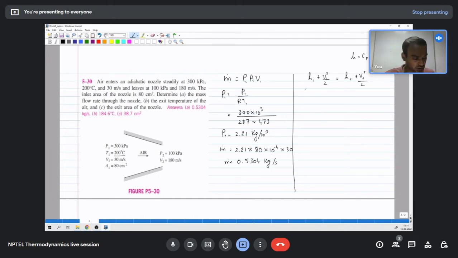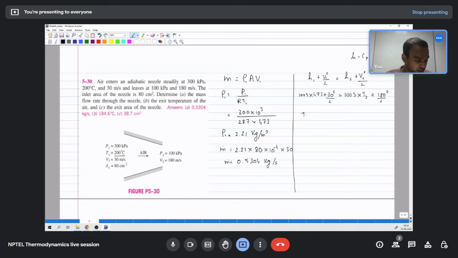So h1 is Cp into T1, which is 1005 into 473, plus v1 square, which is 30 square by 2, equal to Cp, which is known, 1005, into temperature T2, which is unknown, plus V2 square, which is 180 square by 2.